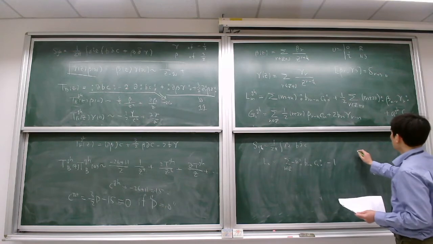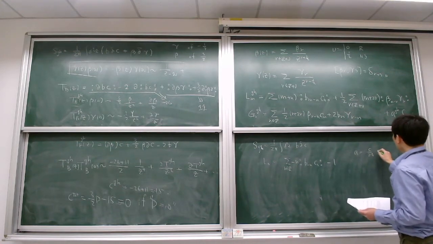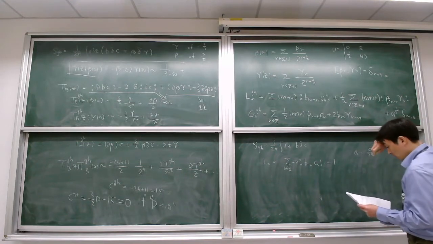So as I mentioned, this constant a is c over 24 plus a normal ordering ambiguity.